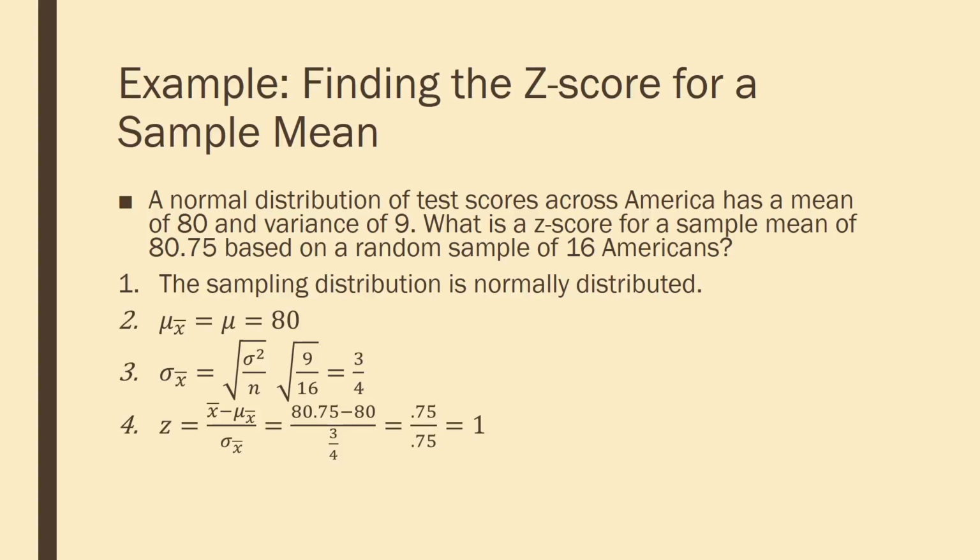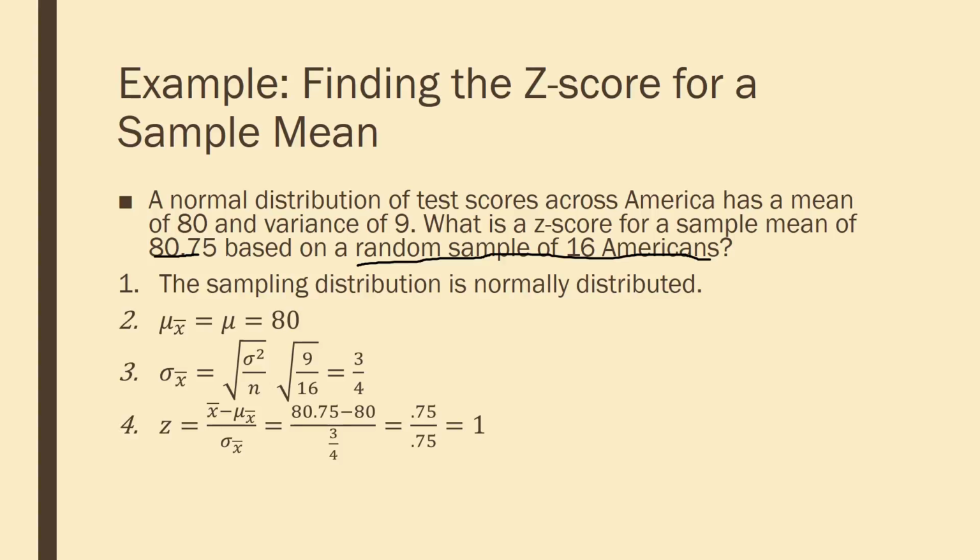Now we're going to find the z. So z equals the sample mean minus the mean of the sample means, divided by the standard error. Our sample mean was 80.75, because this was based on our random sample of 16. That's why this is the sample mean, and that goes first.